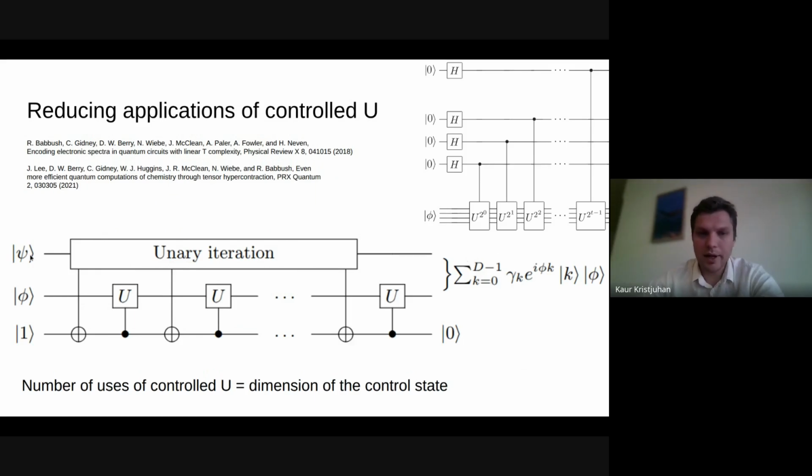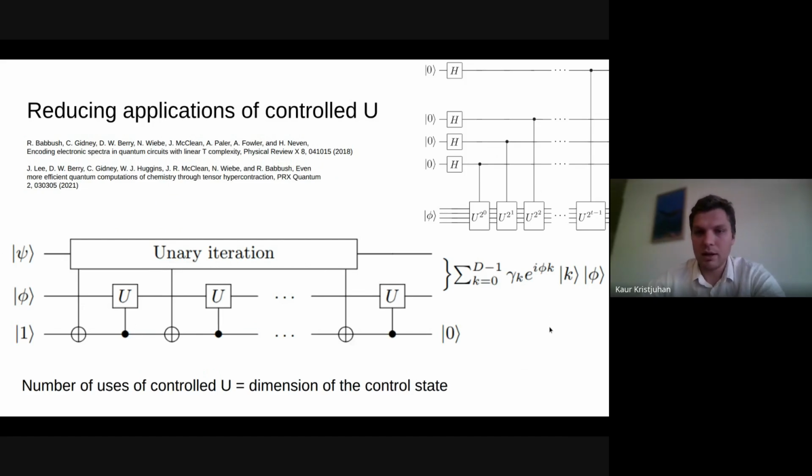And so this psi here is the control state. What unitary iteration is going to do is, instead of just controlling on separate qubits, perform something like a for loop across this register. It's going to count from 0, 1, 2, 3, 4, and just keep counting, and on each count it's going to apply this U, and in the end you will achieve the same effect as this.